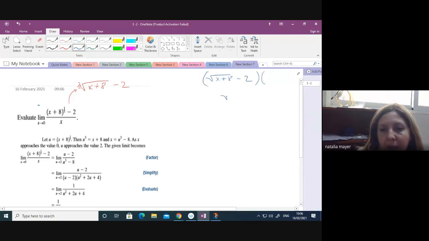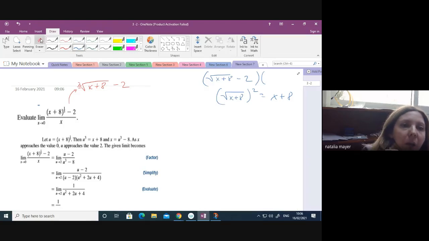So squared square root is going to be cancelled, right? The entire method is based on this, that the difference of squares will allow us to cancel the square root. So rationalizing will work in this unit only when you have a square root. If you have any other root, you cannot rationalize, okay?